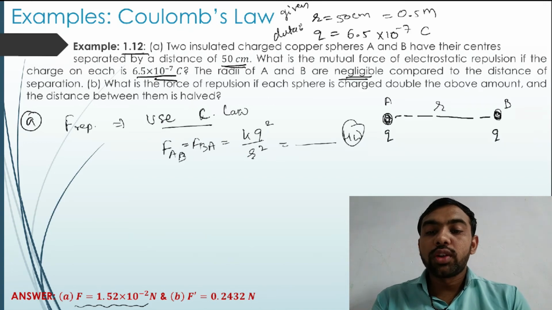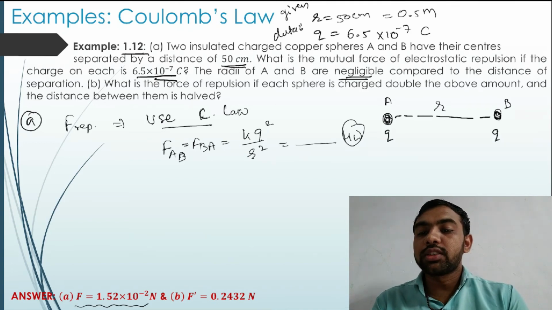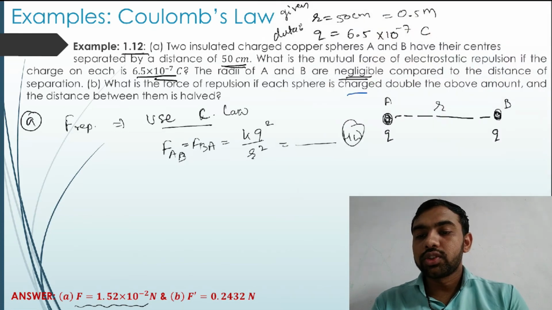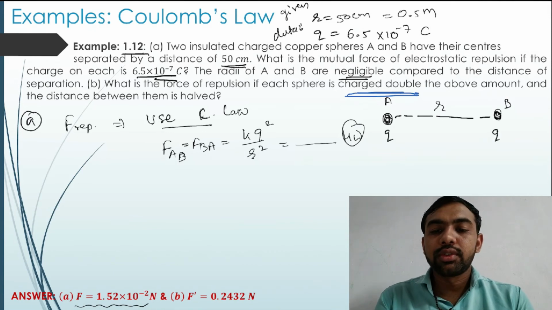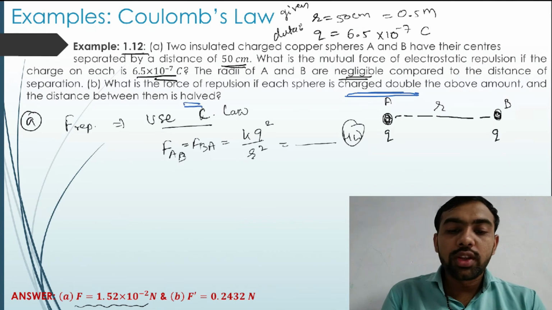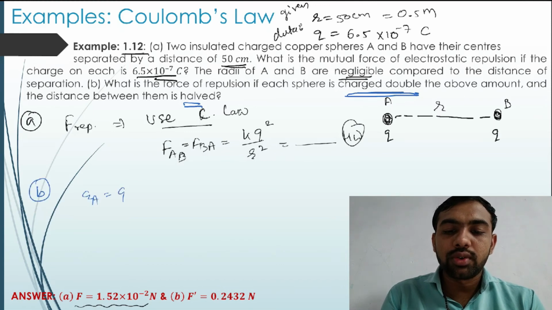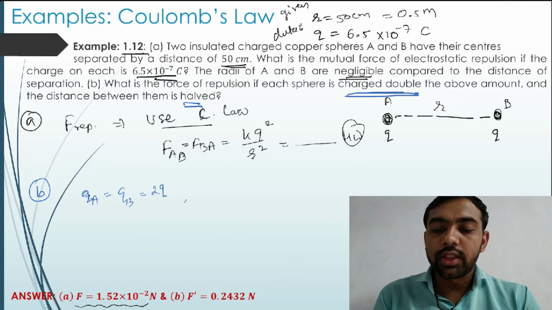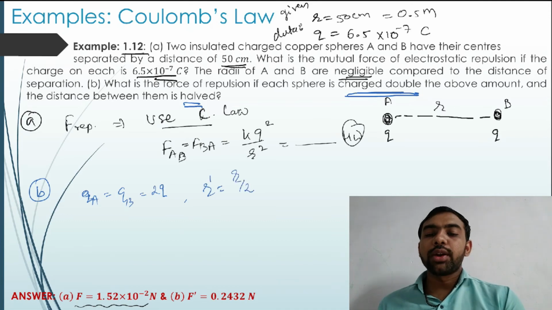What is the second question? What is the repulsive force on each sphere if the charge is doubled and the distance is halved? So QA is equal to QB is equal to 2Q. Both charges are doubled and the distance is halved, so R dash is equal to R by 2.